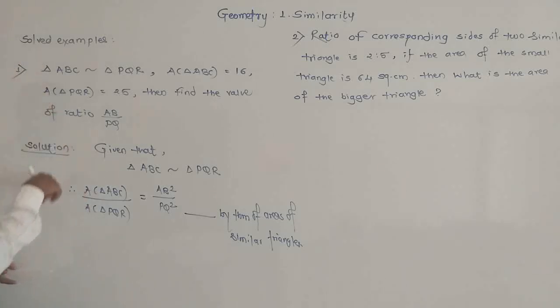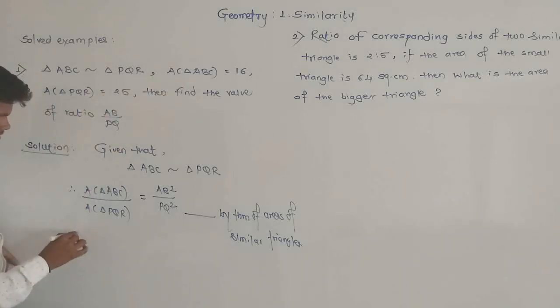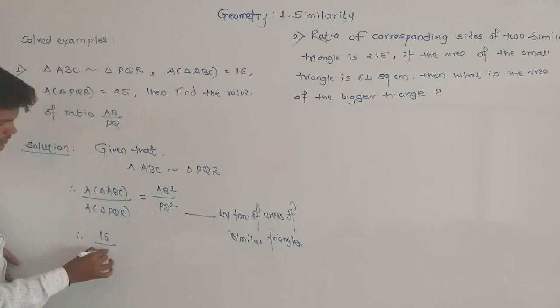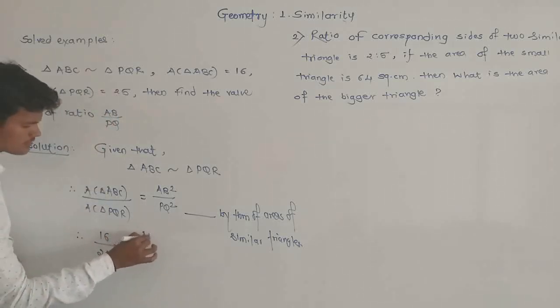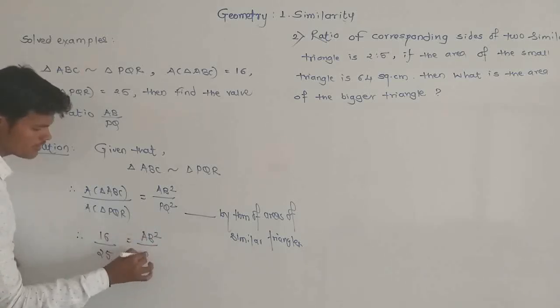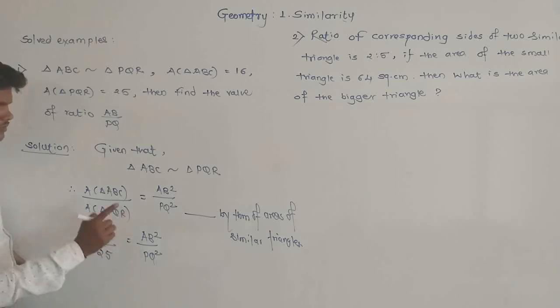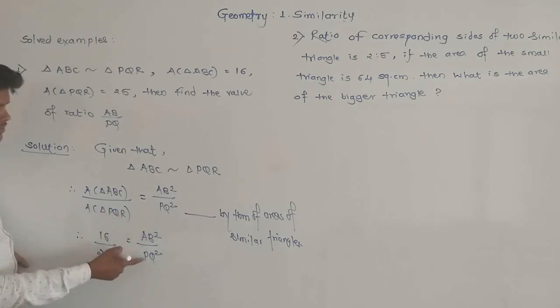So here given that the area of triangle ABC is 16, the area of triangle PQR is 25, and we have to find the ratio of AB upon PQ. But here we have AB square upon PQ square. So to find the value of AB upon PQ, we have to take the square root.